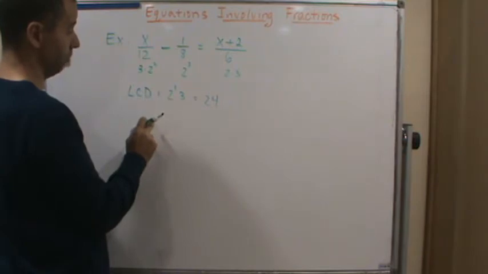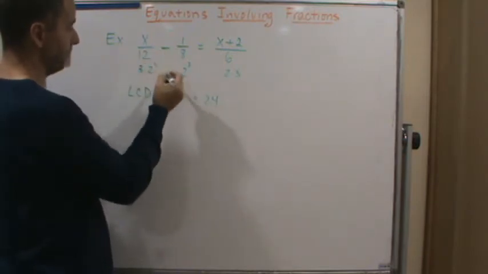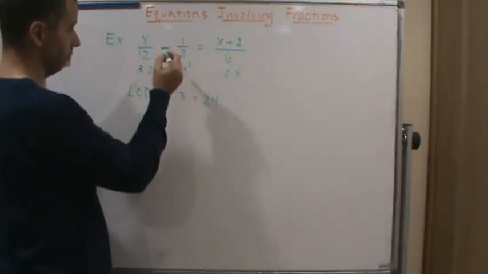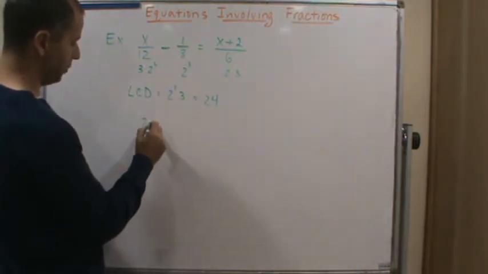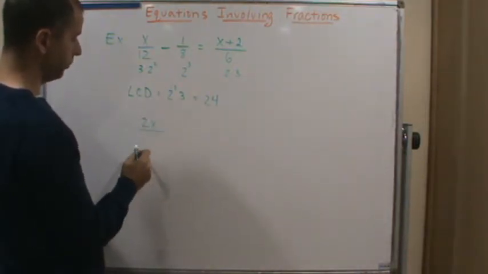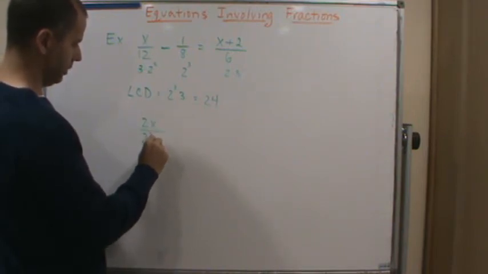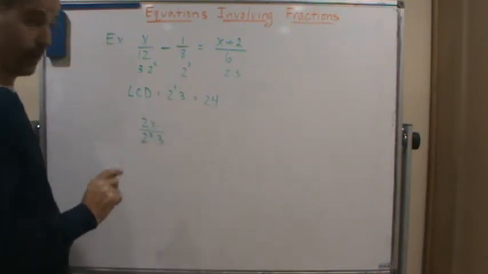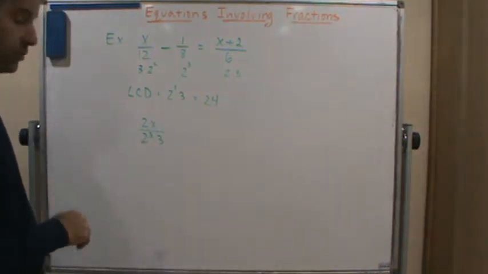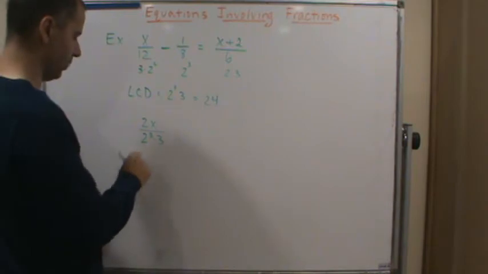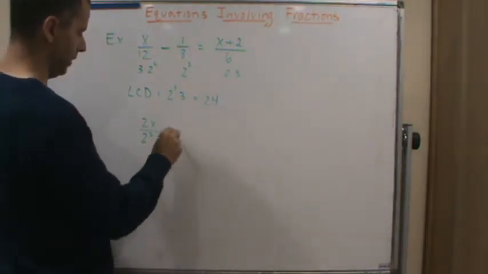I'm missing a 2, so I have to multiply the top and the bottom by 2. So what would that do? I'd get 2x over 2 cubed times 3. I'm not putting a 24 in right now, and you'll see why.